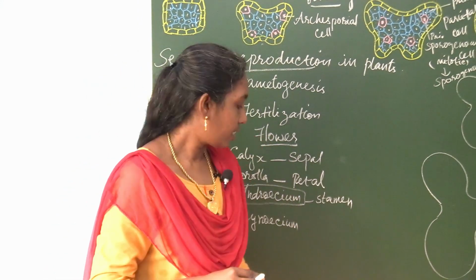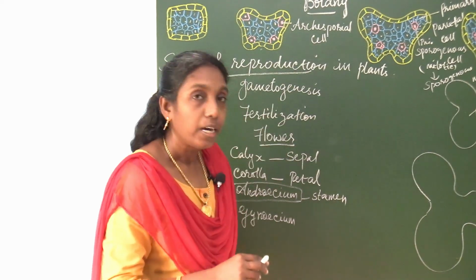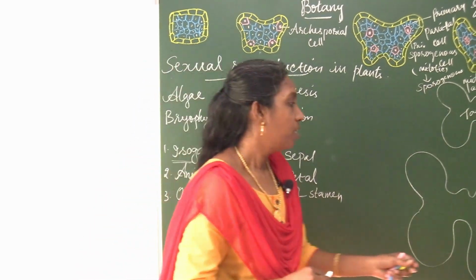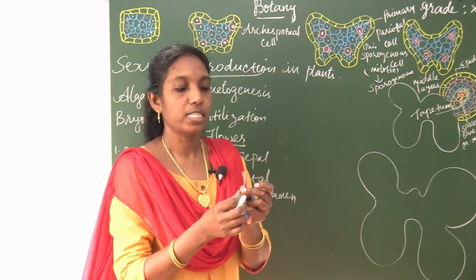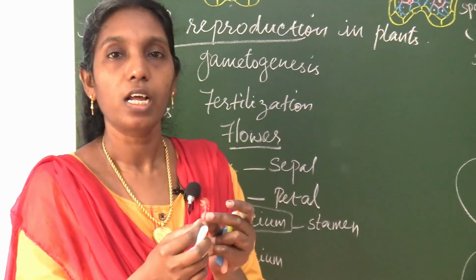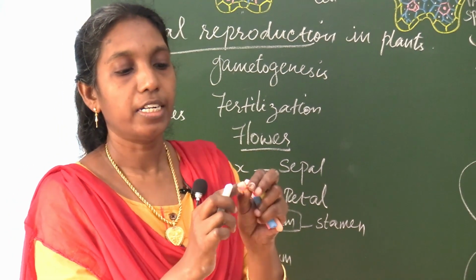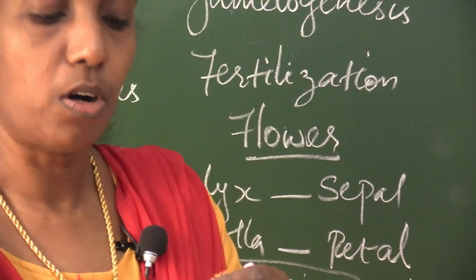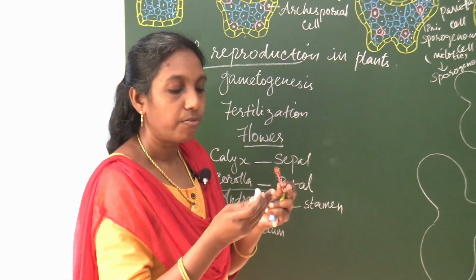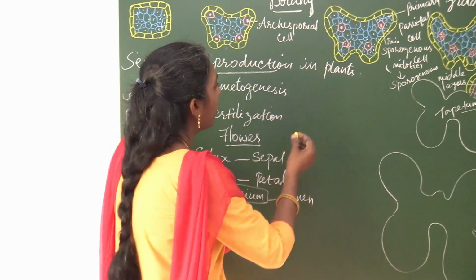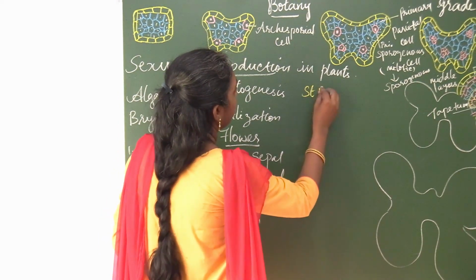Androecium, you know, is the male reproductive part. It is composed of a number of stamens. This is a bisexual flower.